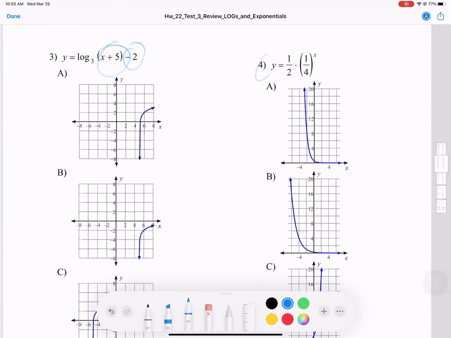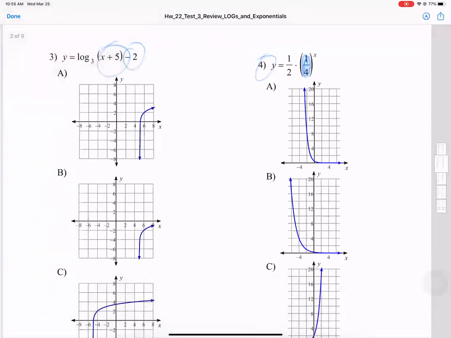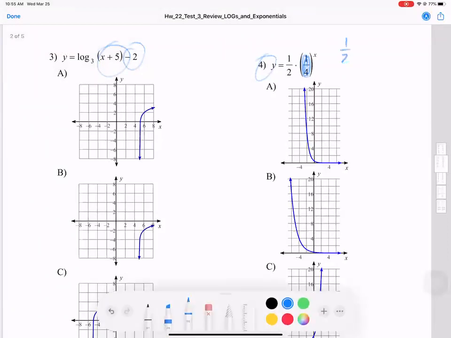Okay. Looking at number 4, that's an exponential graph. So that's a fraction though. We didn't cover the fractions. Now, I'm going to say something about the fractions. I would rewrite the fraction as 1/2, 4 to the negative x power. Why? Because 1/4 is the same as 4 to the -1 power. And look at all this negative here.